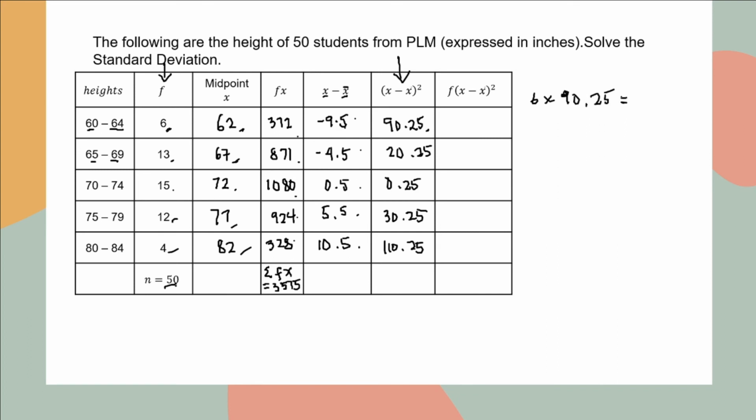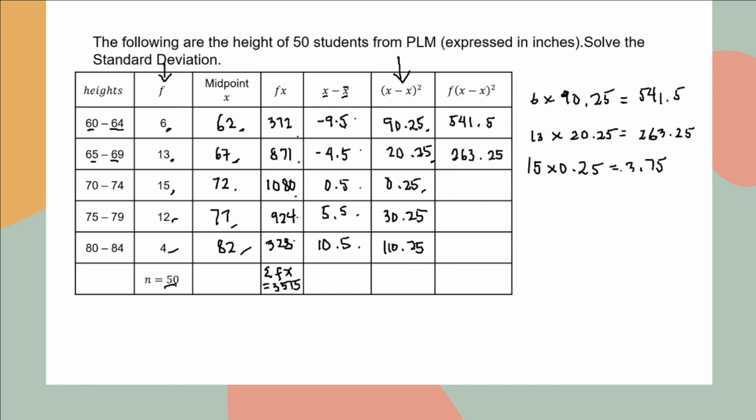We have 541.5. Next, 13 times 20.25. We have 263.25. Okay, next. 15 times 0.25 is equal to 3.75.